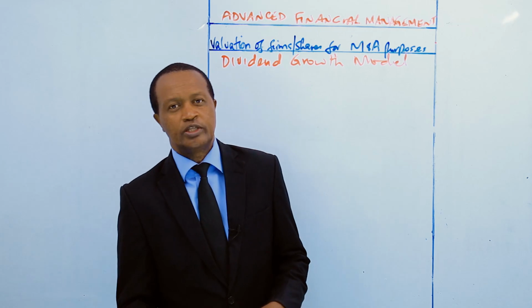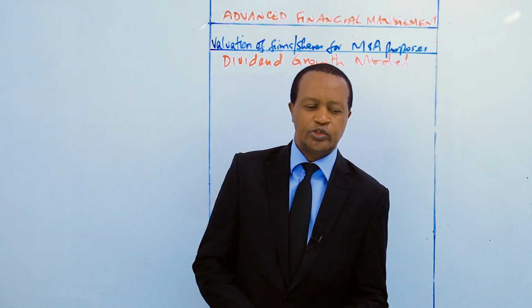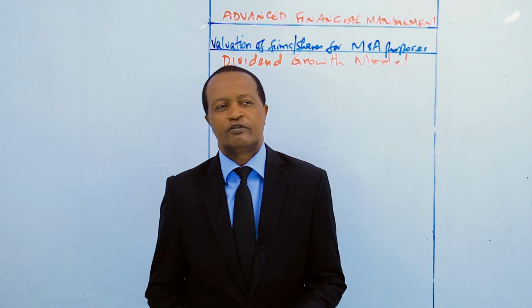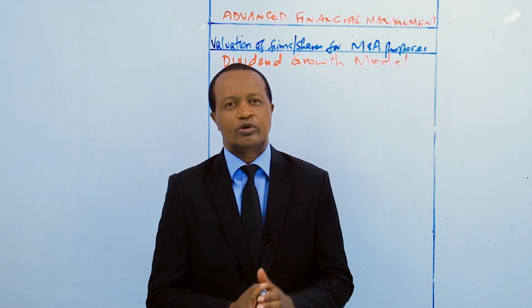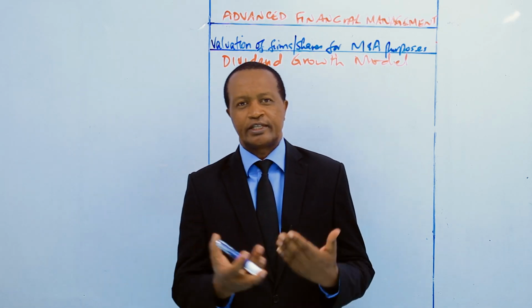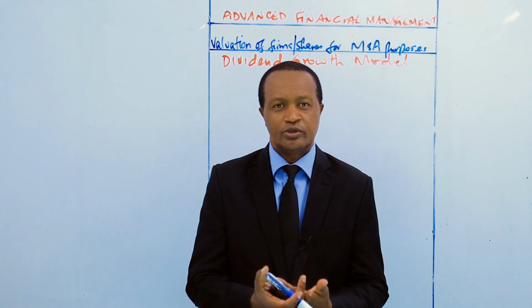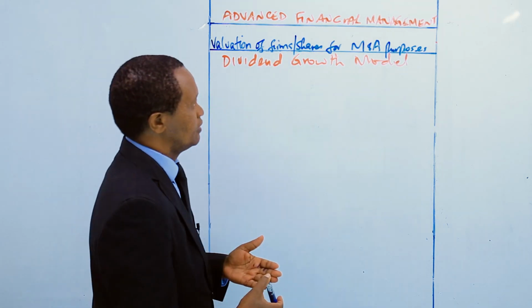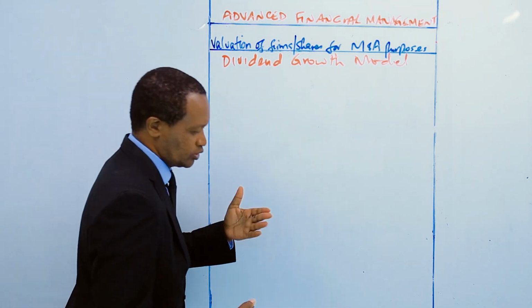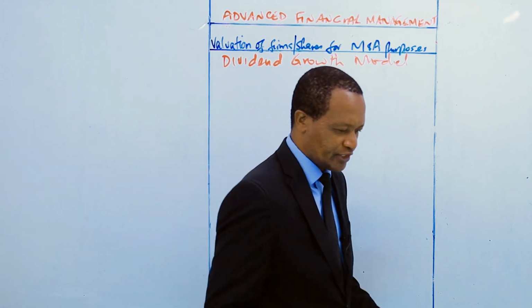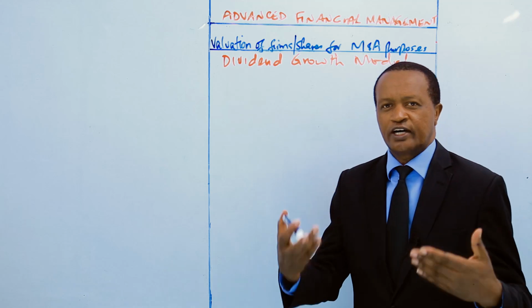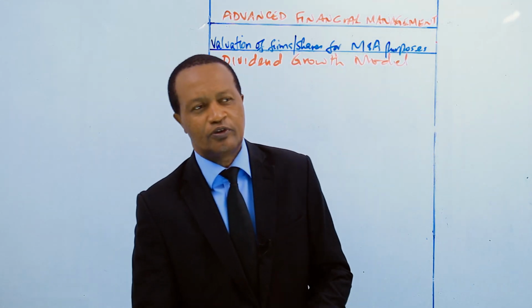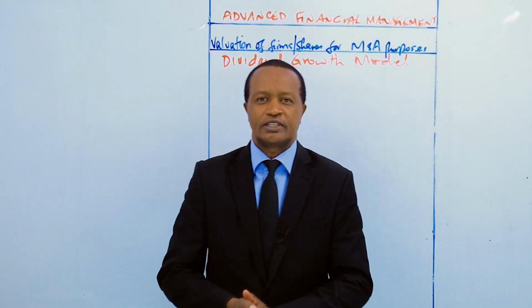Today we continue with our studies on how to value companies for mergers and acquisition purposes. Today our focus is on the third model, which is the dividend growth model. We are analyzing methods or models that we can use to value target companies for mergers and acquisition purposes.